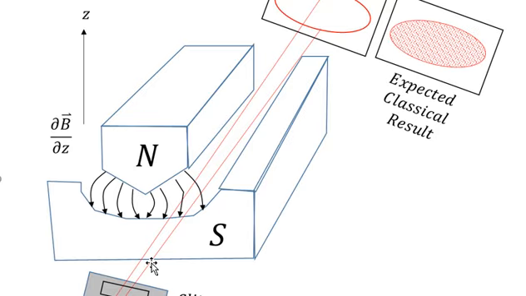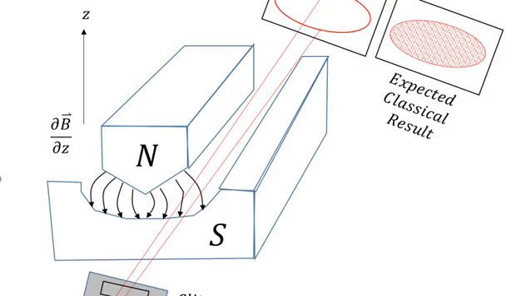This beam of silver atoms is passing horizontally, in a direction perpendicular to the z direction, whereas the inhomogeneous magnetic field is applied along the direction of z.